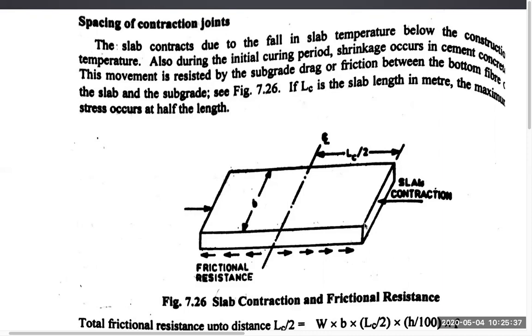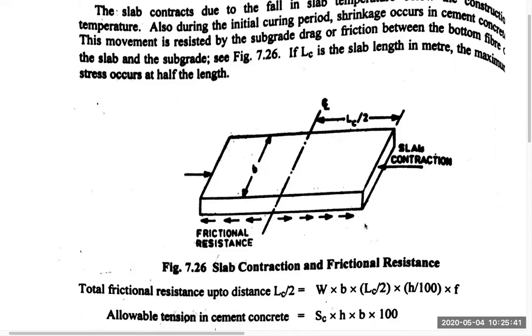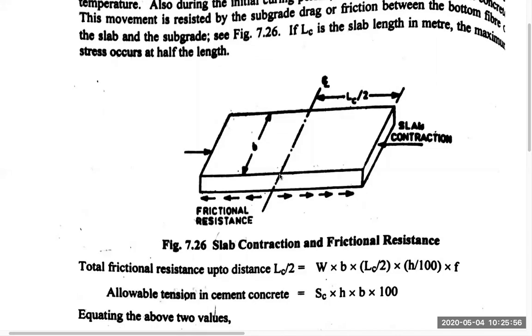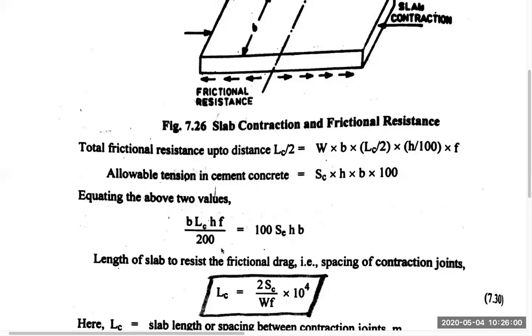Fine. So you can see here the slab contraction, and there is frictional resistance which comes into the picture while designing this contraction joint. Okay. So LC of a slab, LC is nothing but the length of the slab in meters. And they have derived the expression for calculating the length of contraction joint.